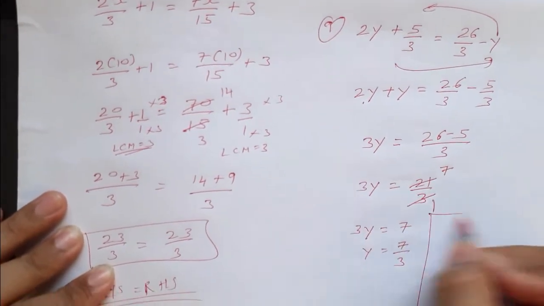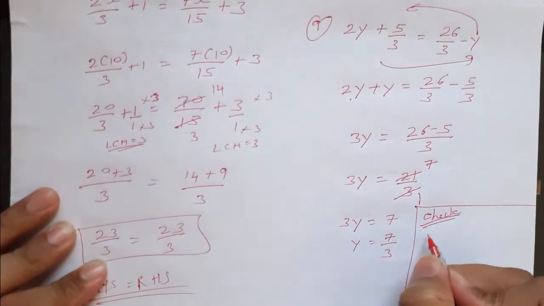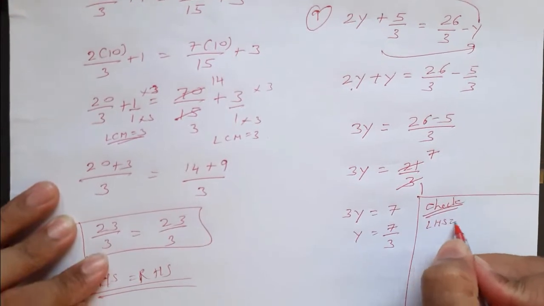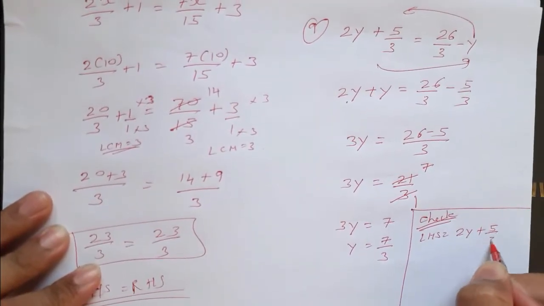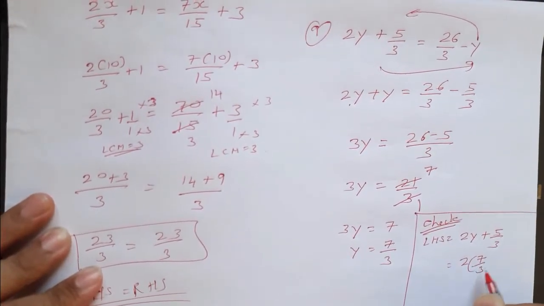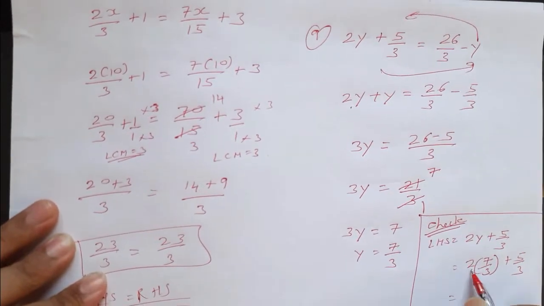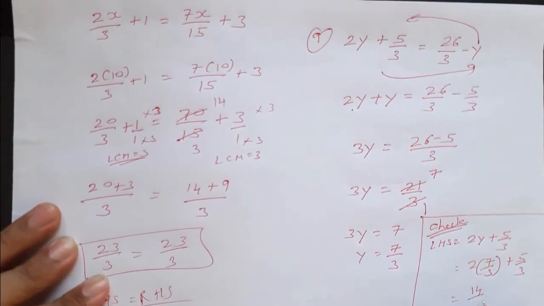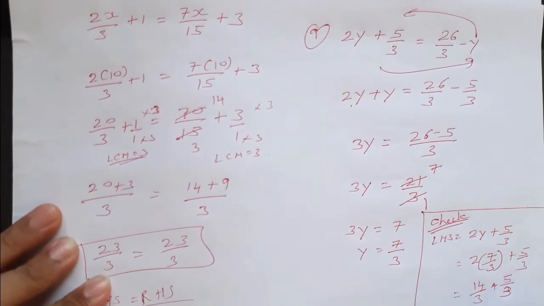Now let's check it. So LHS is 2y plus 5 by 3. In place of y we are going to write 7 by 3. So 2 7s are 14 by 3 plus 5 by 3.